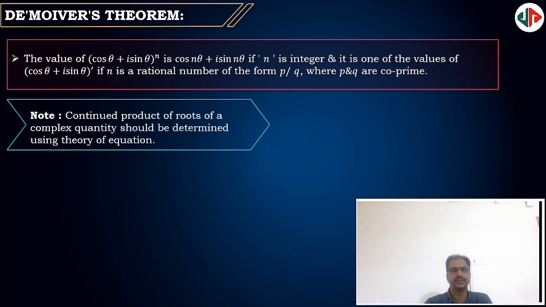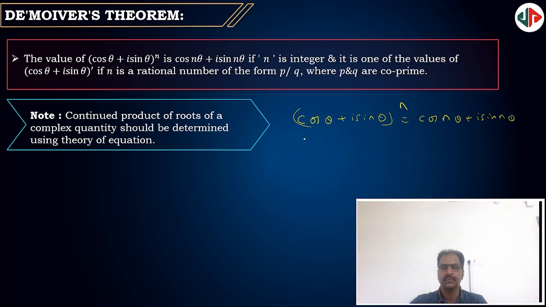So what is De Moivre's theorem? If n is any integer, cos theta plus i sin theta whole power n is nothing but cos n theta plus i sin n theta. This can be written in short form as cis theta whole power n is equal to cis n theta.